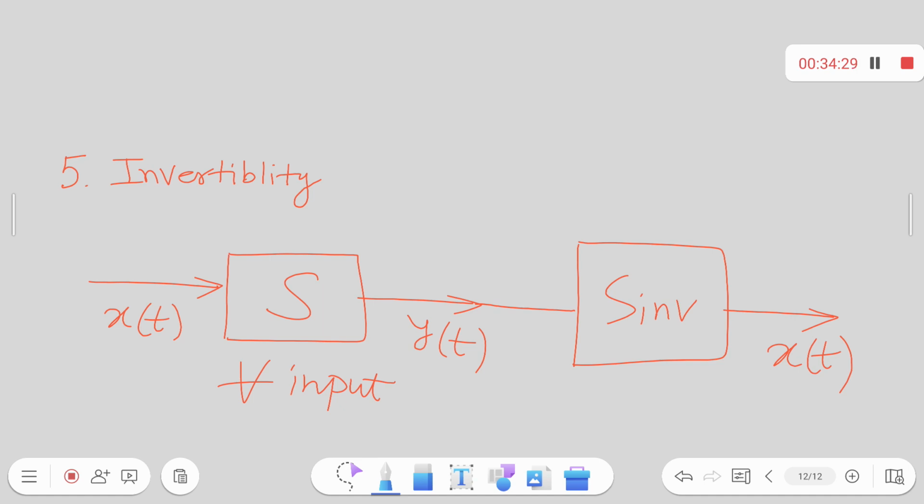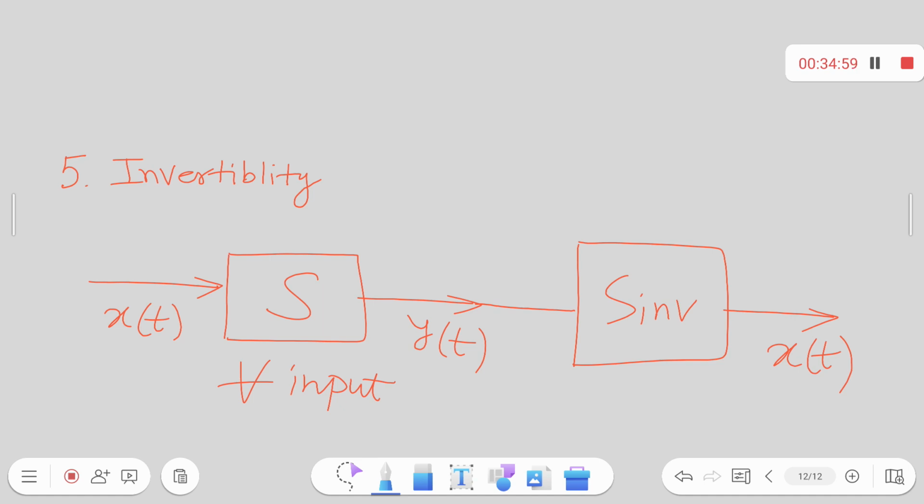If you have many-to-one mapping, there are multiple x of t, I mean x1 t, x2 t, x3 t, x4 t, for which your output is y. Now for this case, it is not possible for you to design a system S inverse which, upon receiving y of t as its input, can produce x, because you don't know whether it is x1 t, x2 t, x3 t or x4 t.